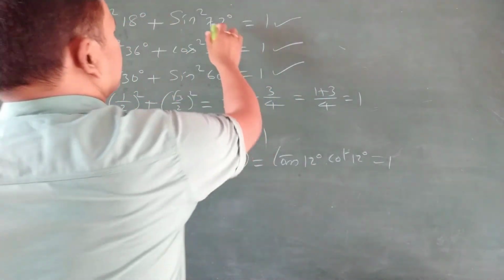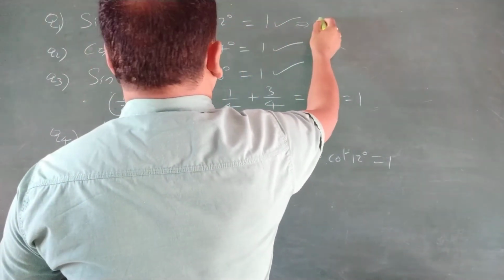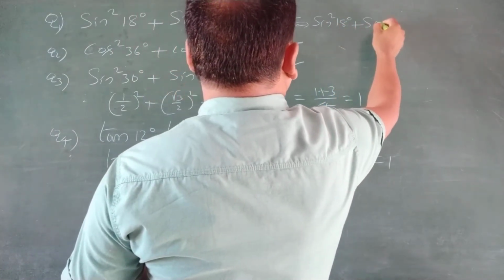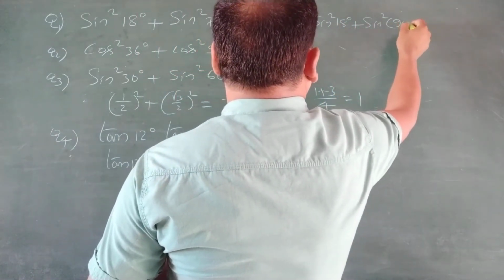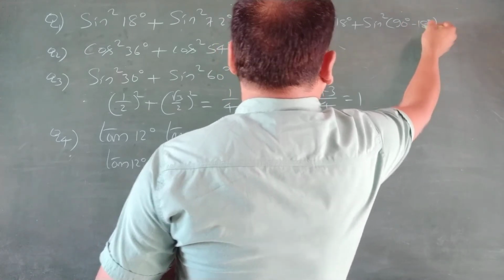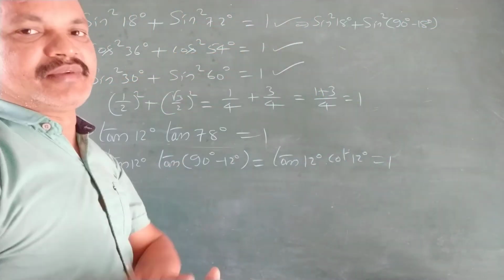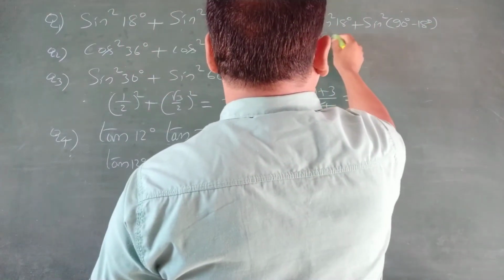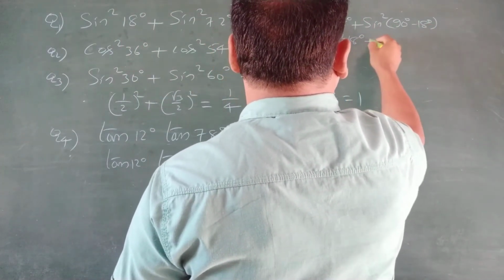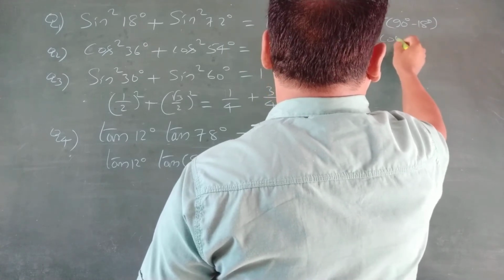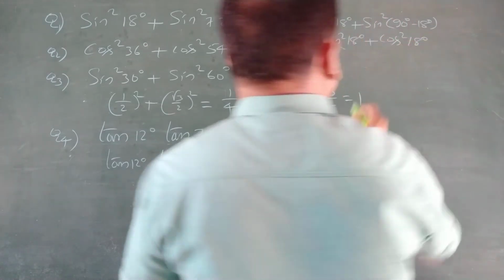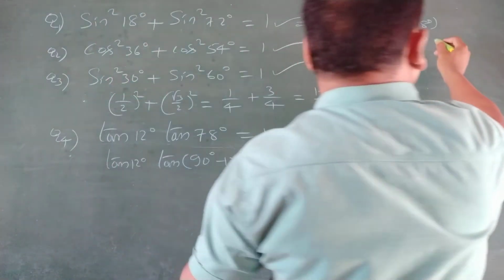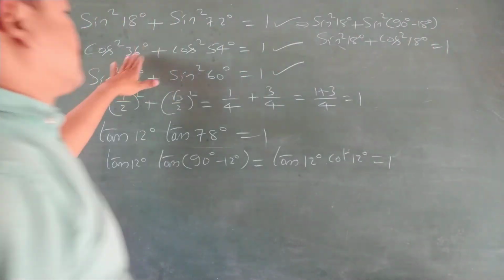Similarly here we have to prove sin square 18 degrees plus sin square of 90 minus 18 degrees. 72 is nothing but 90 minus 18 degrees. That gives sin square 18 plus cos square 18, and from the identity, sin square theta plus cos square theta is 1. Like that you can prove these also.